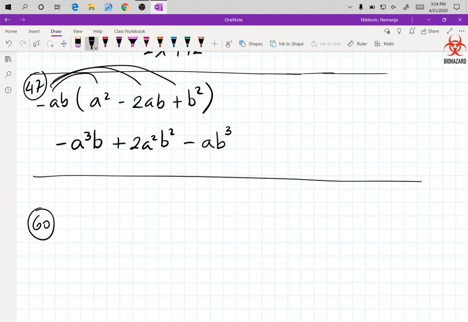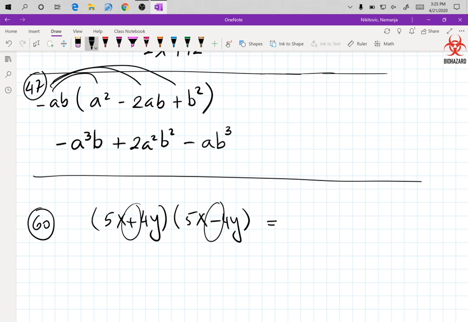Problem 60 is going to have 5x plus 4y times 5x minus 4y. So this one you can either distribute, or if you don't like distribution, if you memorize the formula, you can just use the formula and solve it faster, because these are the same apart from the signs, which means it's a difference of squares.